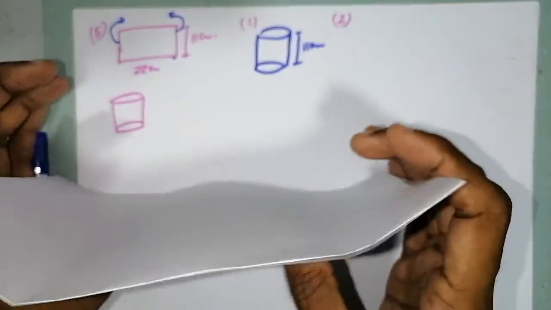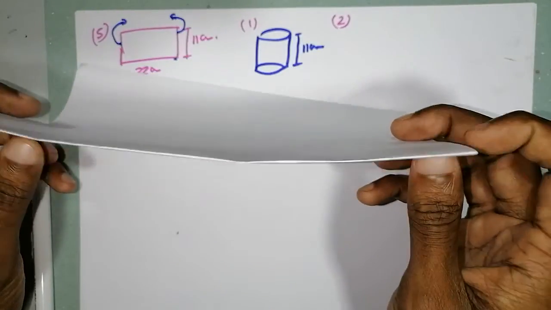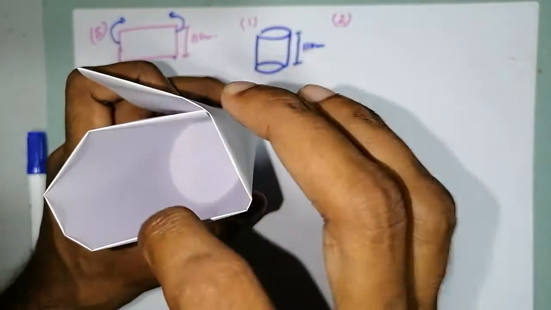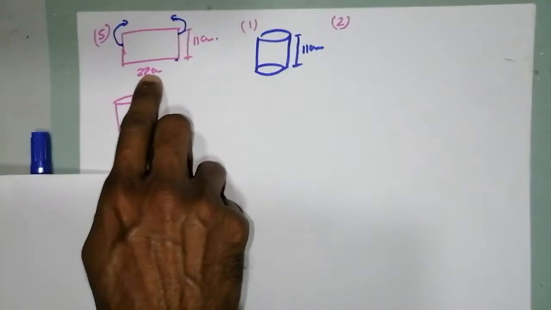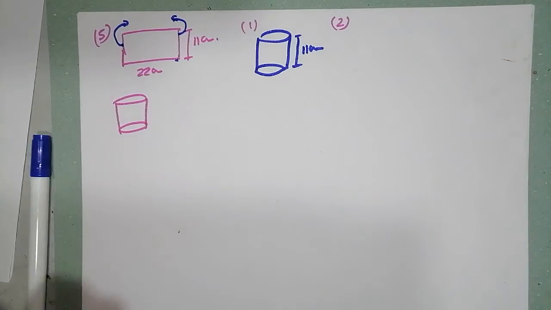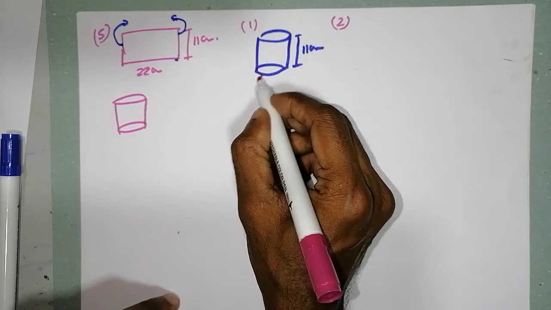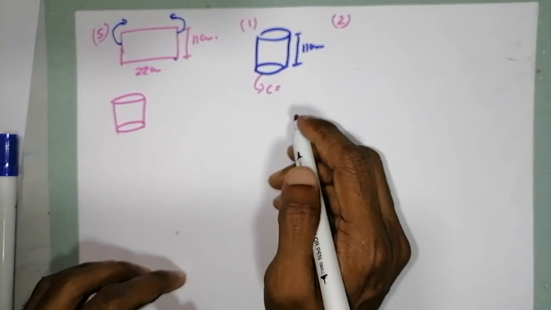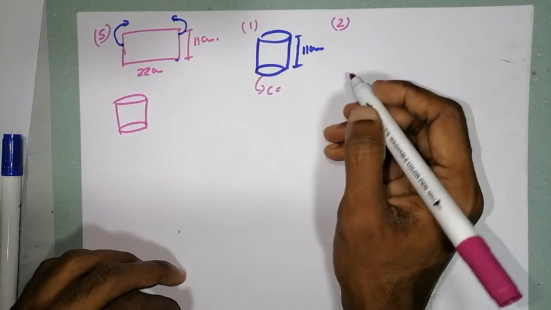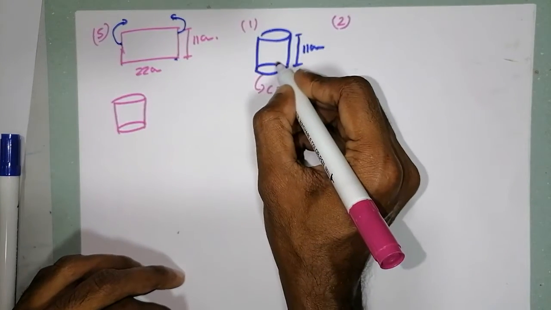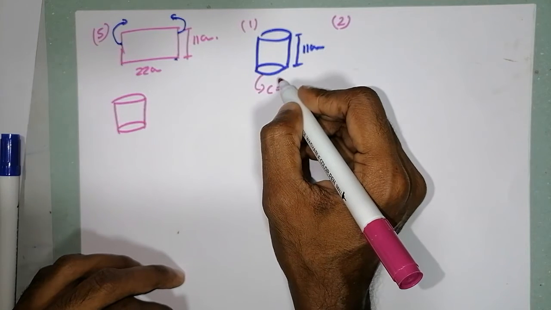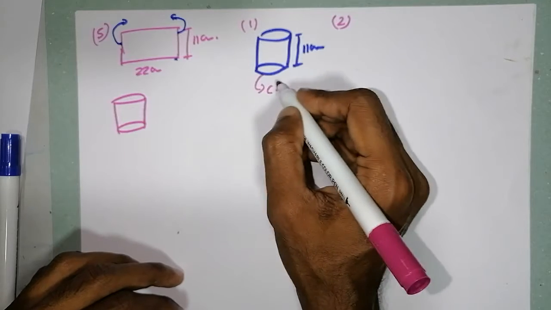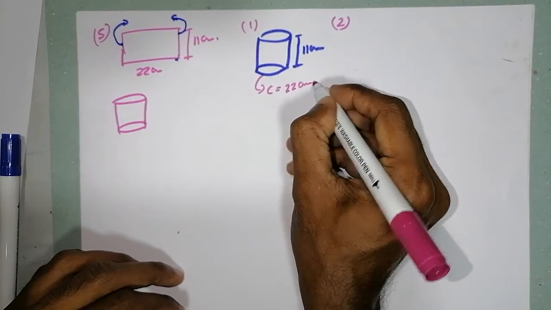The length changes into a circle if you connect it. So this 22 centimeter is the circumference. This is the main theory we studied in surface area. So the circumference of the base is 22 centimeter.